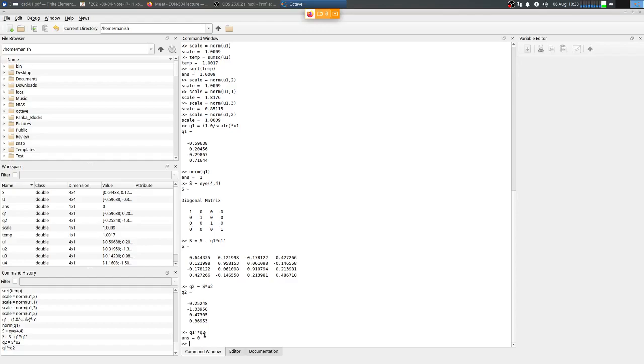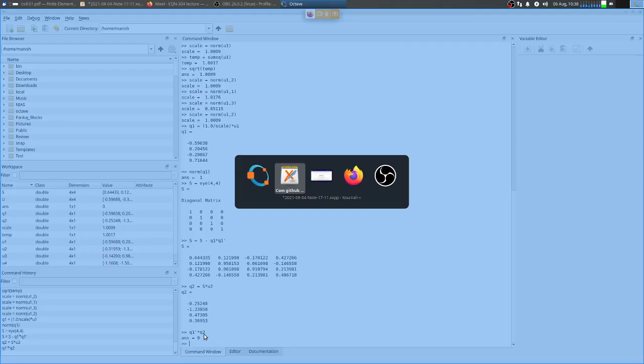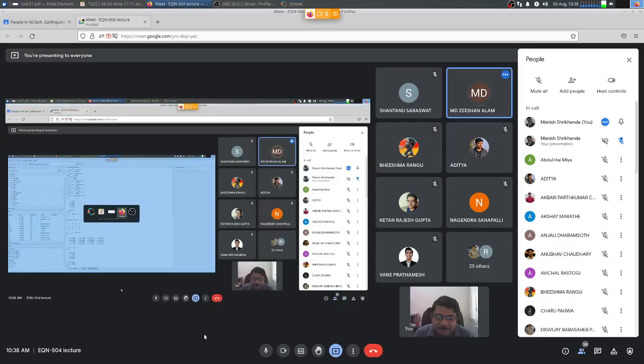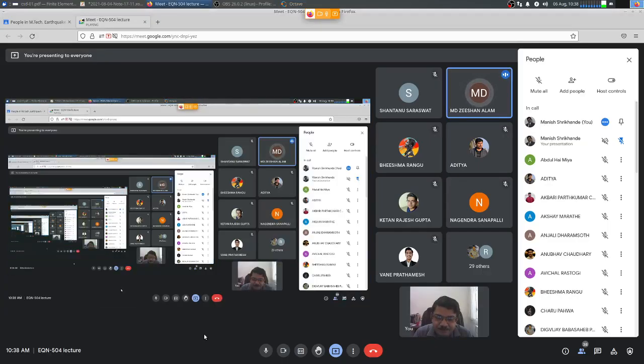Sir, this sweeping matrix when multiplied with u2 means that it is removing the contribution of q1 from u2. Yes, in u2. So the step that you wrote, q2 is equal to S1 into u2, that is the step where I got confused, sir.